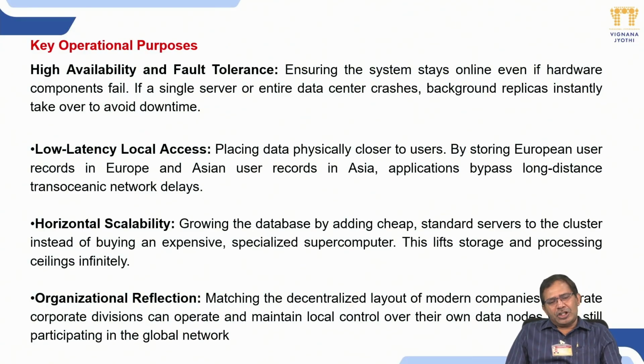The last advantage of distributed database systems is organizational reflection. This reflection means matching the decentralized layout of modern companies existing at physical locations scattered around the world. It lets corporate divisions operate and maintain local control over their own data nodes while still participating in the global network.